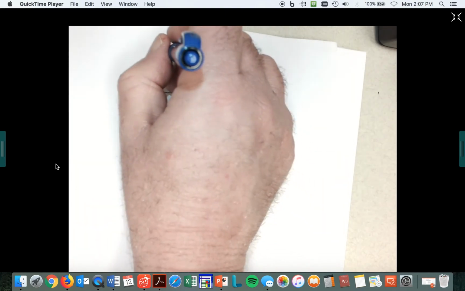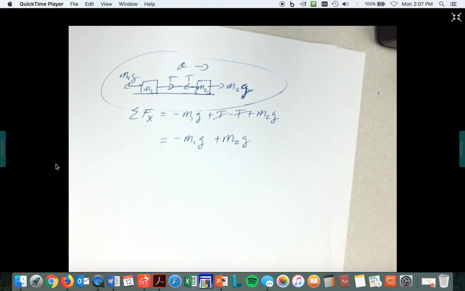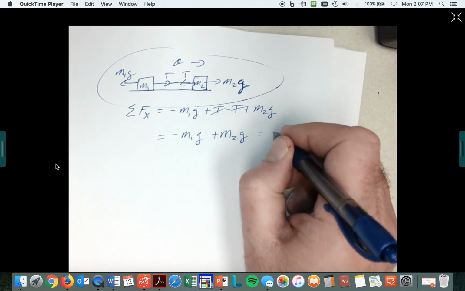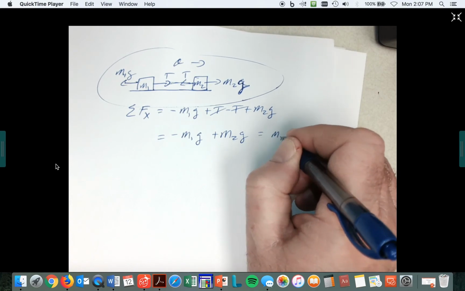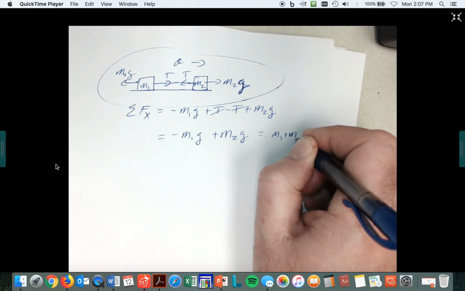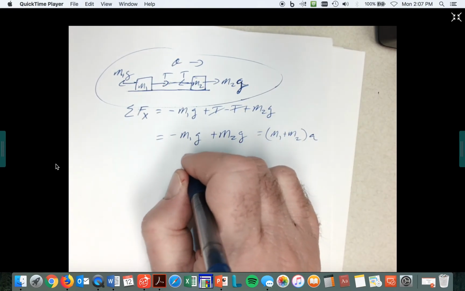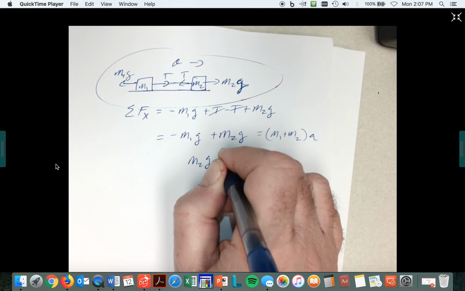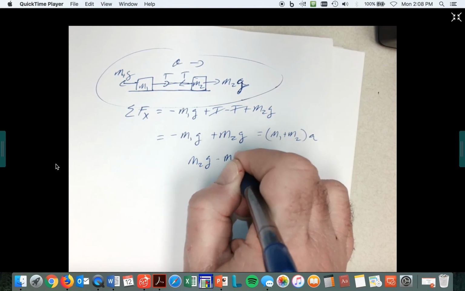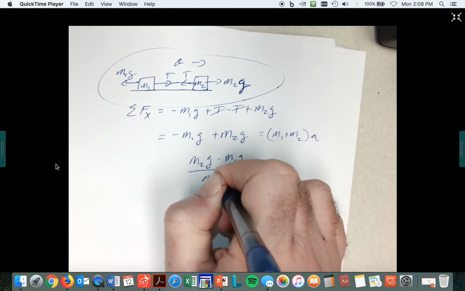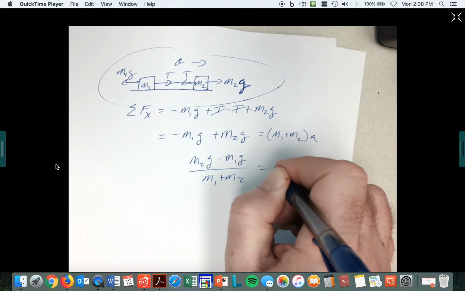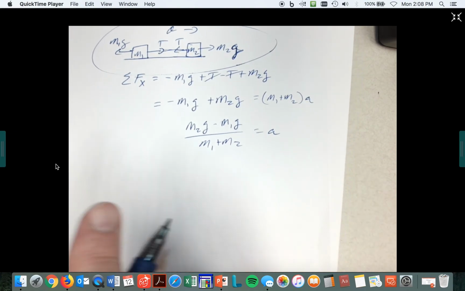The whole system being pulled that way is equal to M1 plus M2 times a. And look what I have. Let's flip-flop these. So we've got M2g minus M1g over M1 plus M2 equals the acceleration.